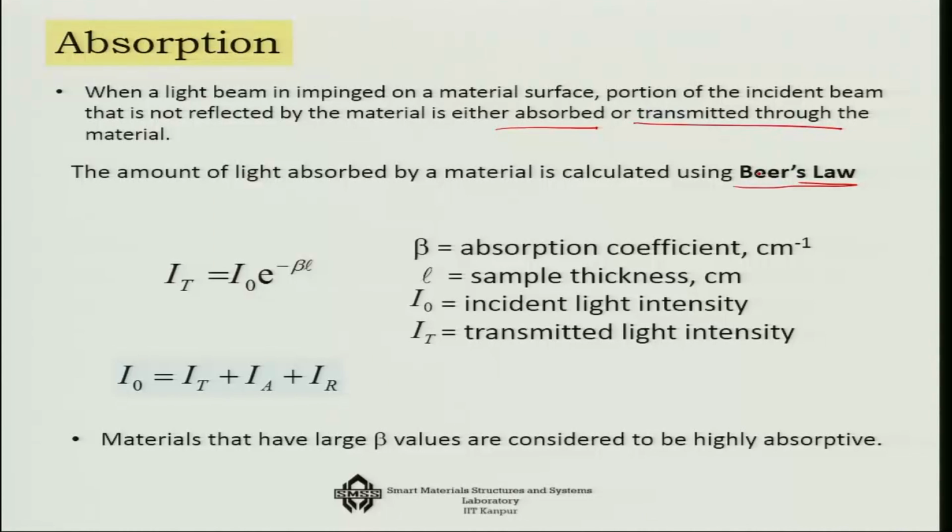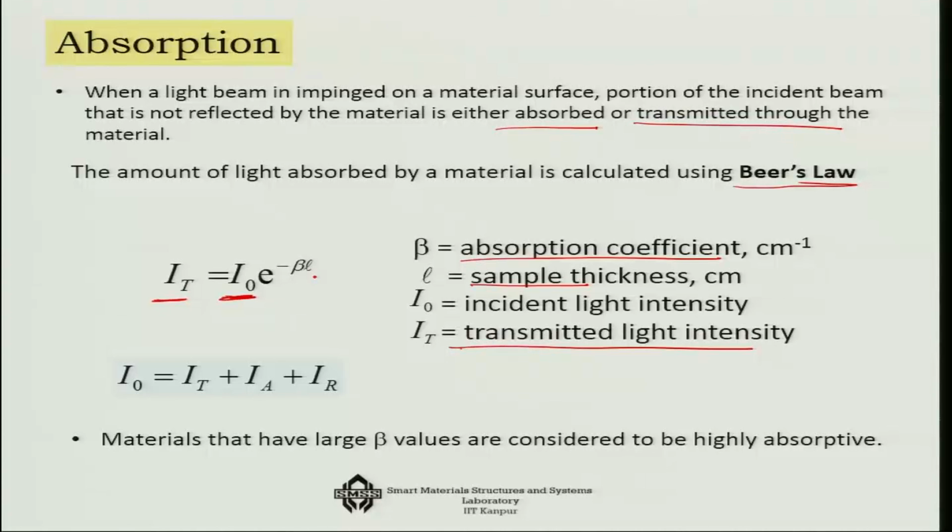Here IT is the transmitted light intensity and I0 is the incident light intensity. Suppose you know the absorption coefficient beta and a sample thickness L, then the transmitted light intensity is I0 e to the power minus beta L.